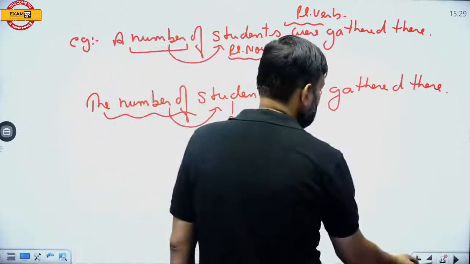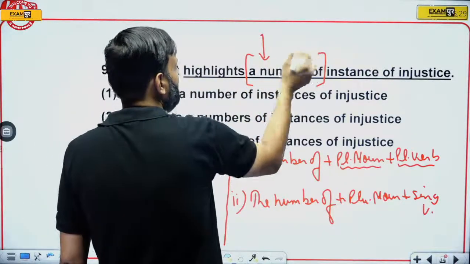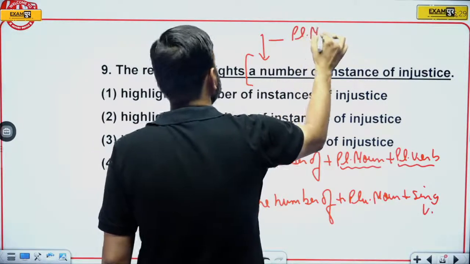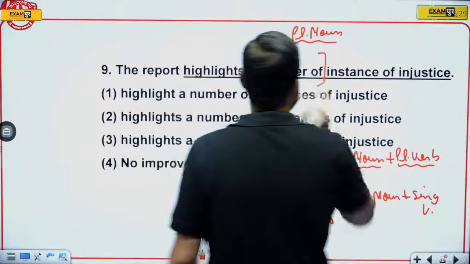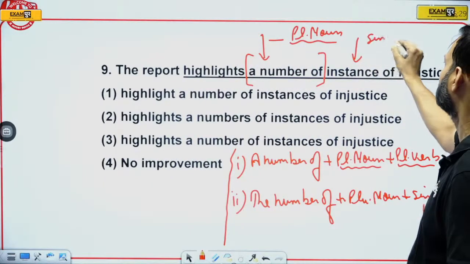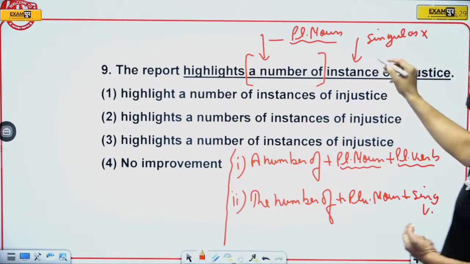Now, as we can see in the question, here we have a number of, and after a number of we should have a plural noun. But here we have the word instance, which is singular and wrong. It should be instances.